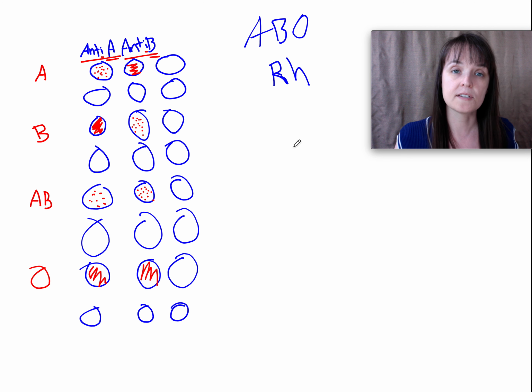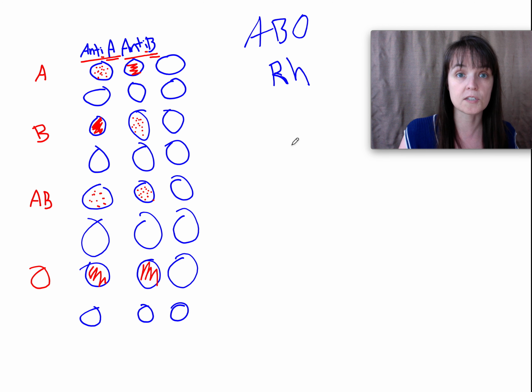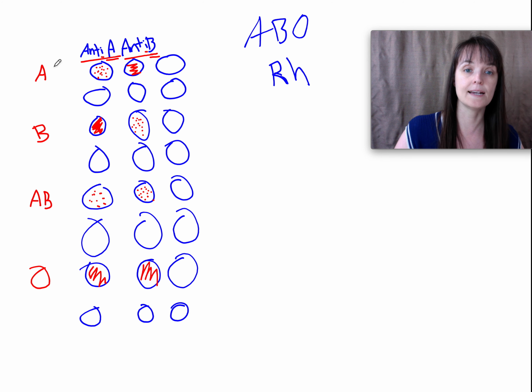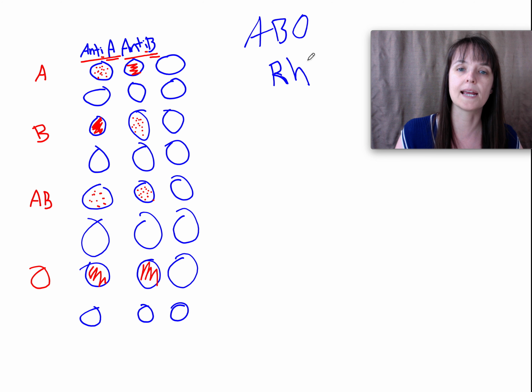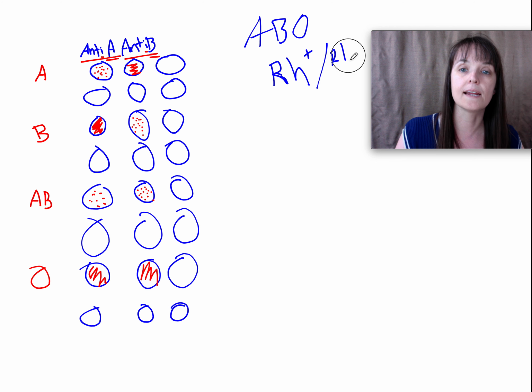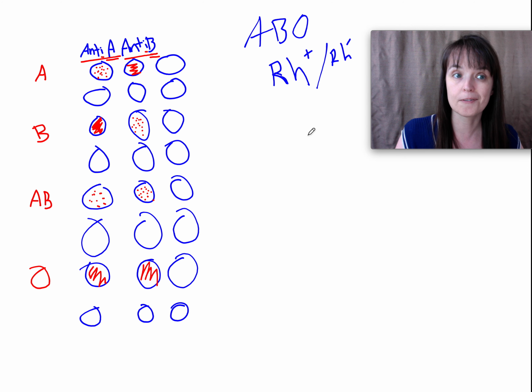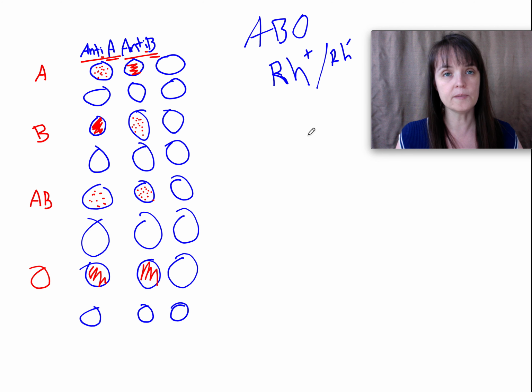And the RH system is so named because it was first found in rhesus monkeys, which is an RH rhesus. And if they had this in their bloodstream, then they were RH positive, and if not, then RH negative. And after they found it in rhesus monkeys, they said, oh, well, let's see if this is in humans. Guess what? We have it too.